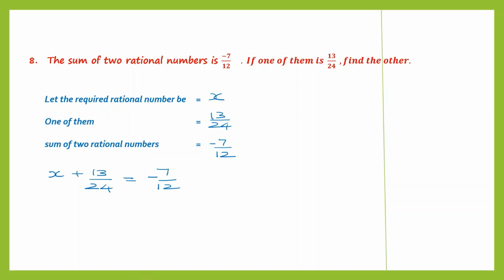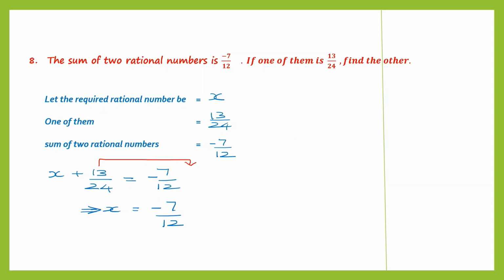Now we have to find the value of x. To find the value of x, what do we do? What is on the right hand side, we write as it is. Now we are going to transpose this number 13 by 24 to the right hand side. Here it's a plus sign, isn't it? So when we move this to the right hand side, it becomes minus.